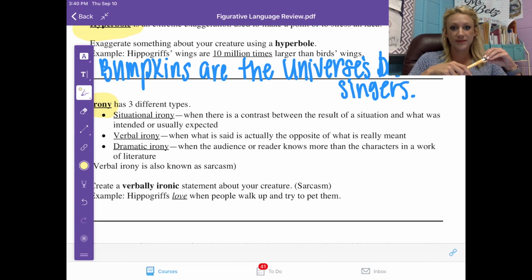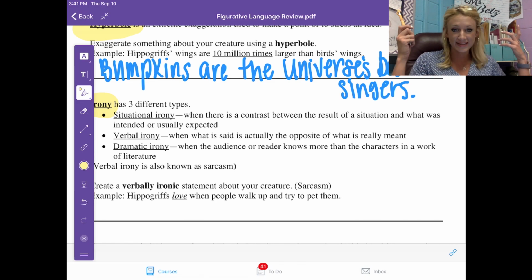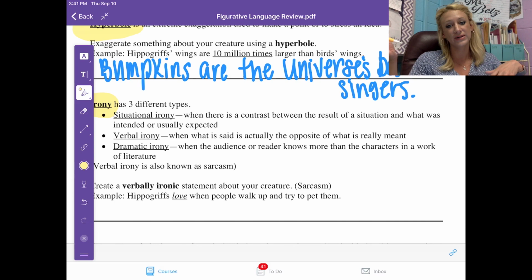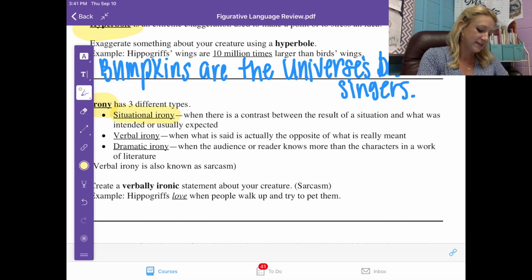An example would be a tow truck being broken down on the side of the road and needing extra assistance. That would be unexpected because the tow truck is usually the one that helps broken down cars. So if it's broken down itself, that would be situational irony. That's the first type of irony.